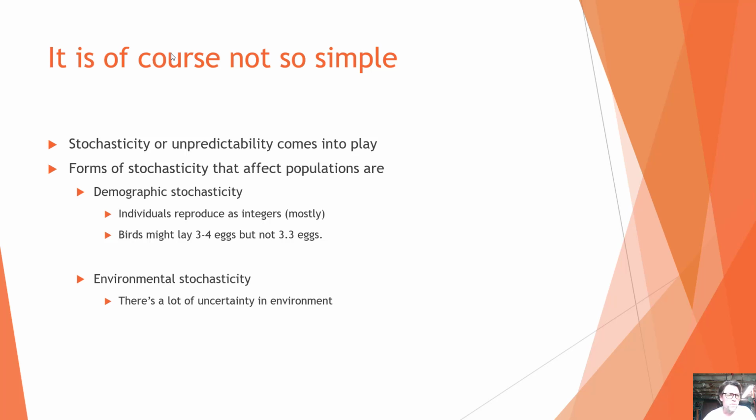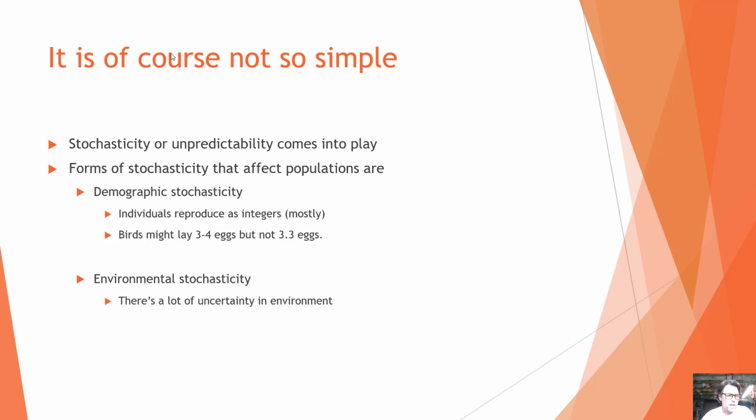Forms of stochasticity that may affect populations are demographic stochasticity. In other words, individuals reproduce as integers and not continuously. For example, birds might lay 3 to 4 eggs, but not 3.3 eggs. There are changes that can be built into these models where you model that stochasticity and the random effect there. And then also environmental stochasticity.